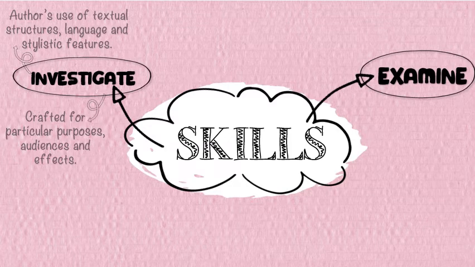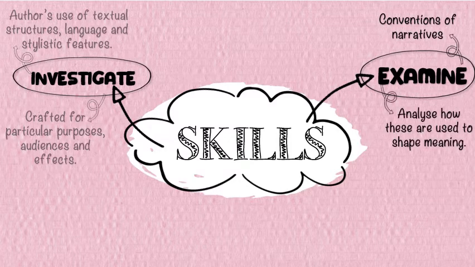You're also going to examine conventions of narratives, and you're going to look at how these are used to shape meaning. So when we talk about conventions of narratives, we are talking about setting, voice, point of view, imagery, characterization.